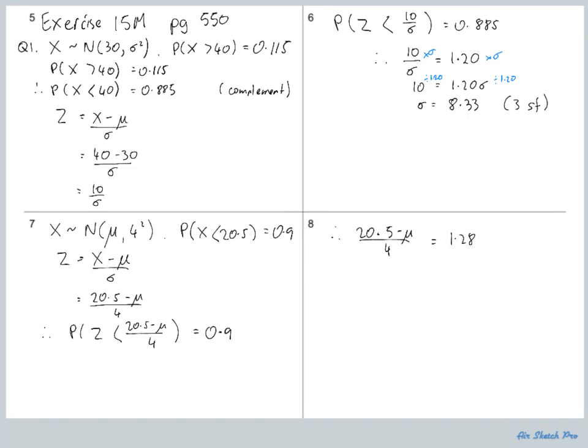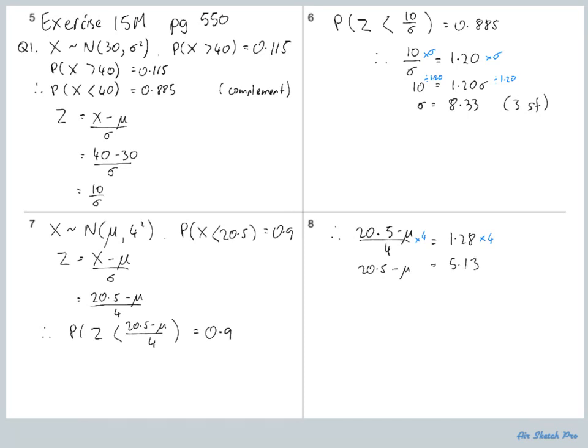So now we're going to solve. I'm going to use the full value in my calculator, making it as accurate as possible, but I'm going to multiply both sides by 4, and that'll get me 20.5 minus mu is equal to 5.13.